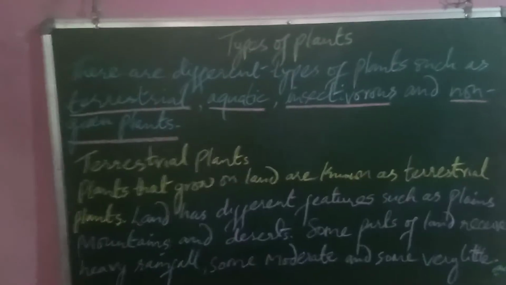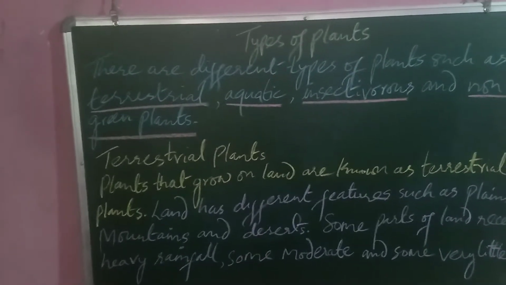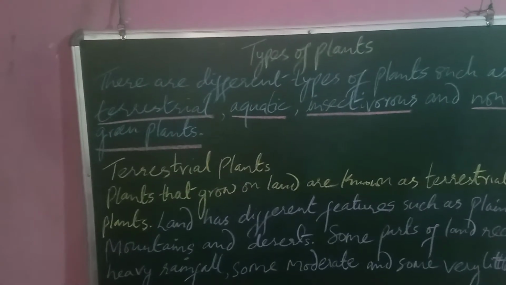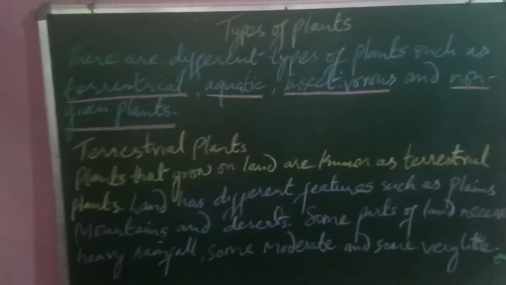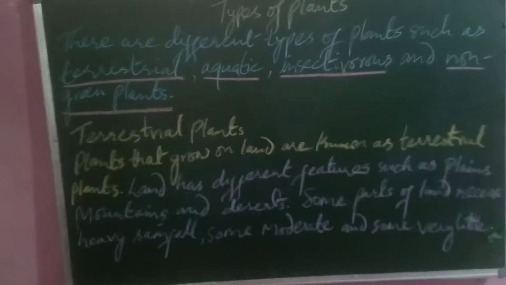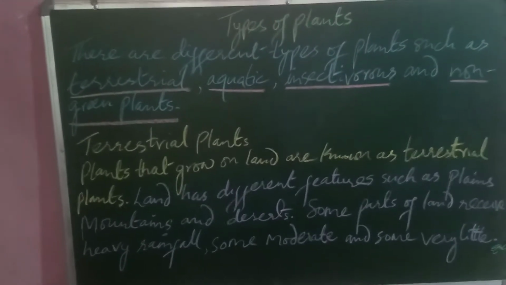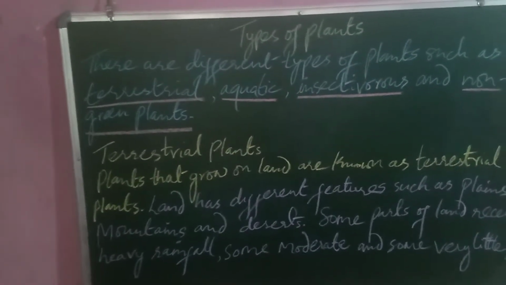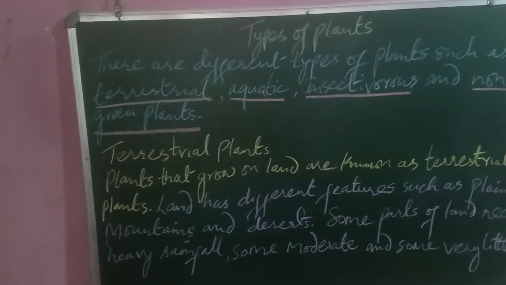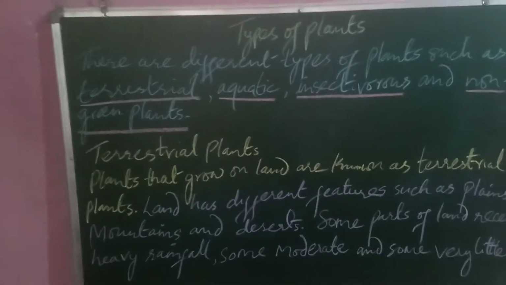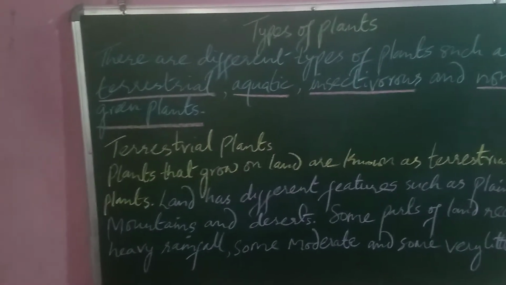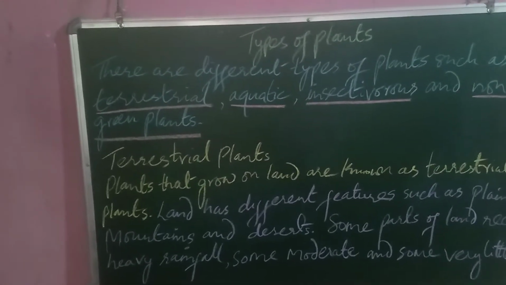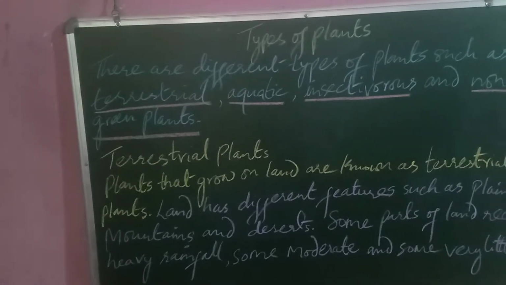The places where there is heavy rainfall are colder as compared to the plain areas, and dry lands such as deserts receive very little rainfall. So plants need to adapt to the natural condition of the area to be able to survive there. They adapt to the climate so that they would live.